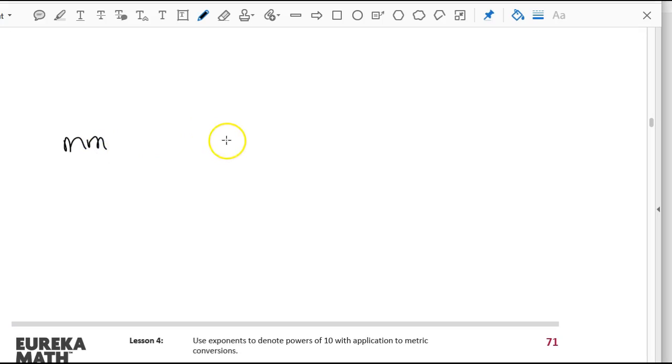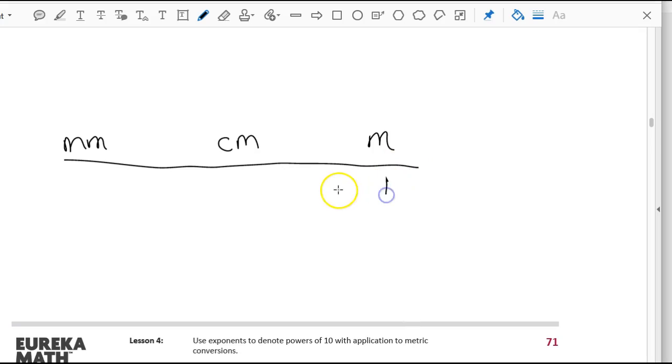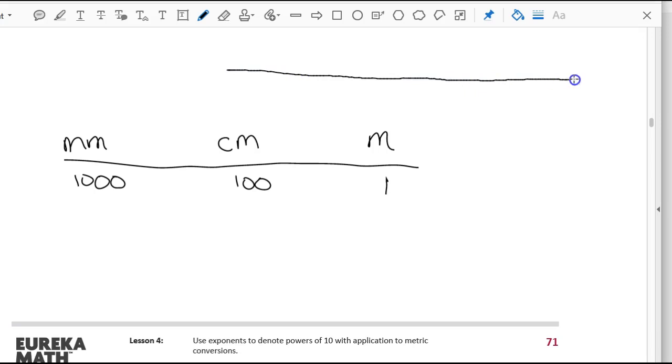millimeters, we have centimeters, and we have meters. So when you are thinking about it, 1 meter is equal to 100 centimeters, which is equal to 1,000 millimeters. And so if you have 1 whole meter, here's 1 meter.